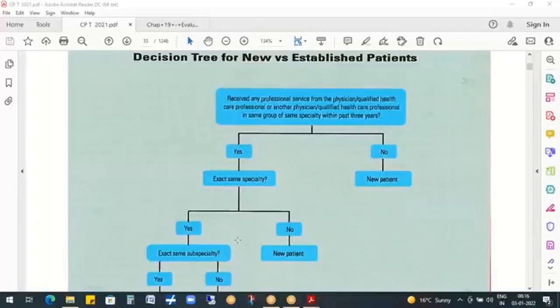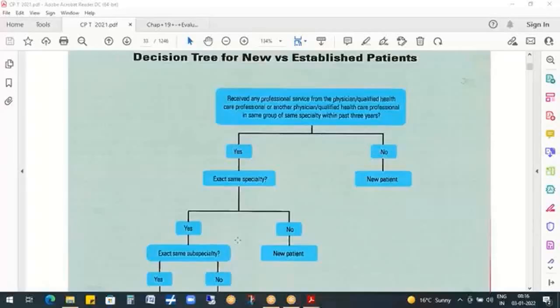The physician who does his graduation, that means MBBS, and selects the heart, is a cardiologist. Selecting bones and joints, orthopedic. Selecting lung, a pulmonologist. That is nothing but specialty.